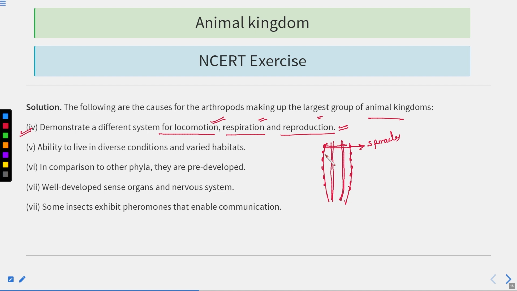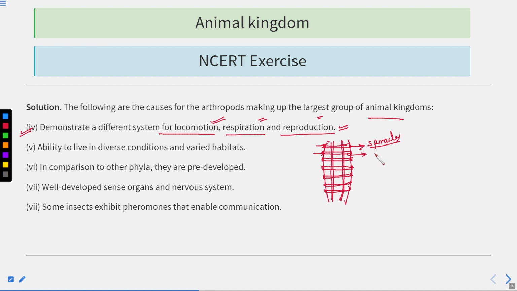Tube-like structure, right? These are the spiracles through which the air enters inside this tube-like structure.